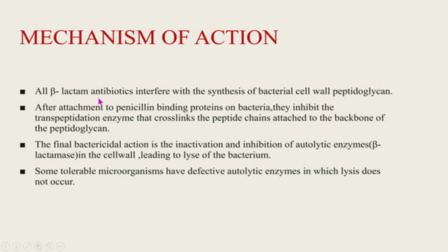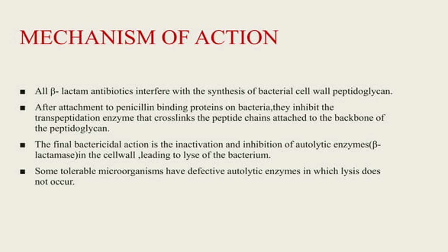Now the mechanism of action: beta-lactam antibiotics interfere with the synthesis of the cell wall. After attachment of penicillin to the binding protein of bacteria, they inhibit the transpeptidation enzyme which cross-links the peptide chains attached to the backbone of the peptidoglycan.